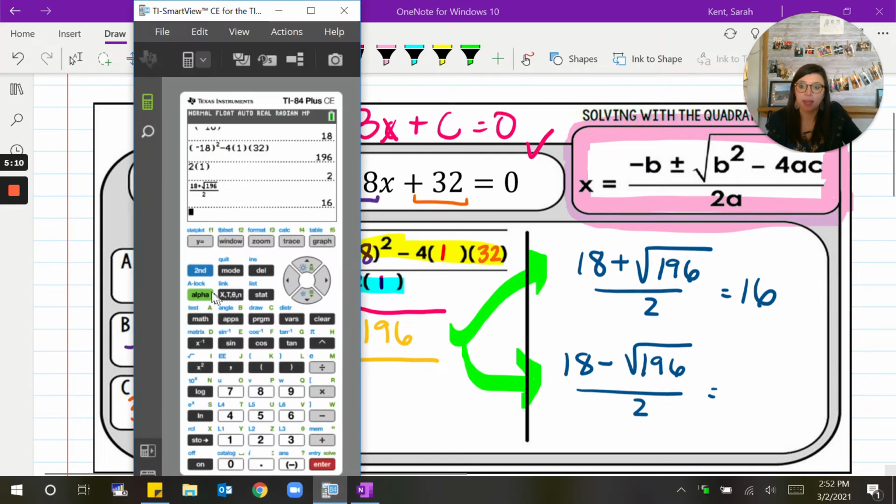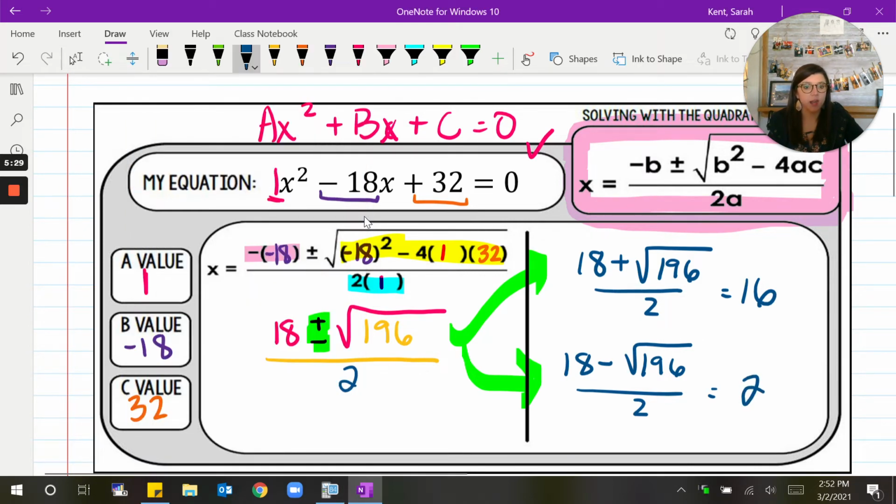Then I'm going to do it again, but this time I want 18 minus second square root 196 over 2. I'll press enter, and I get 2. So here I've got 2 answers, 16 or 2.